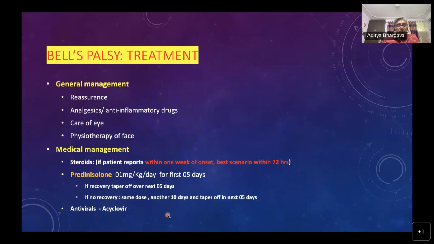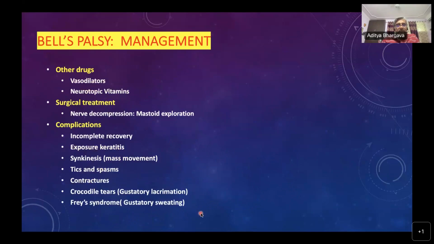Antivirals, acyclovir and other antivirals are also tried, being given in the dosage of 500 milligram, 8 hourly, 4 hourly, depending on the severity of the disease. Then other drugs are like vasodilators. Some people give tablet pentoxifylline, 1 BD, 1 TDS.